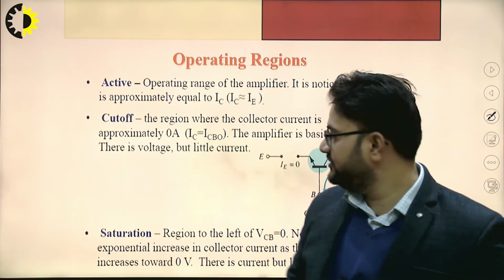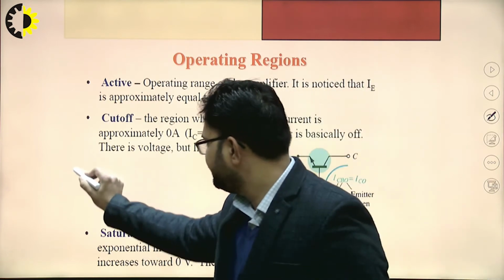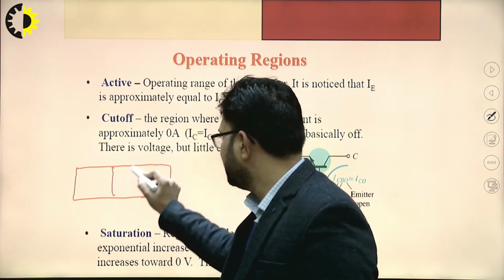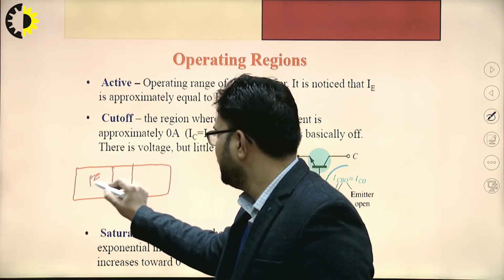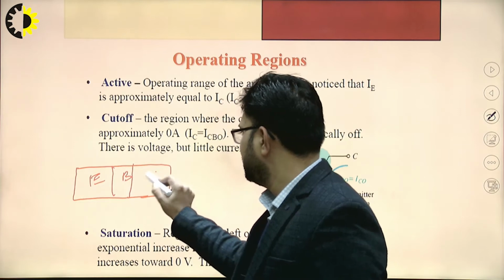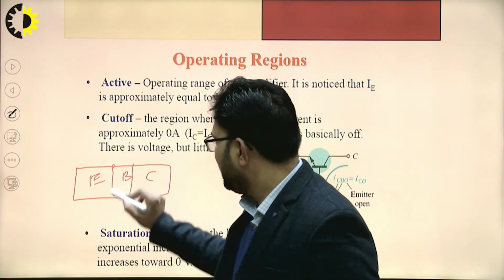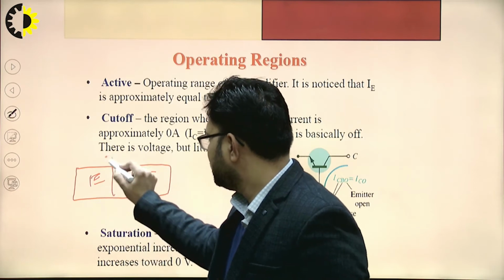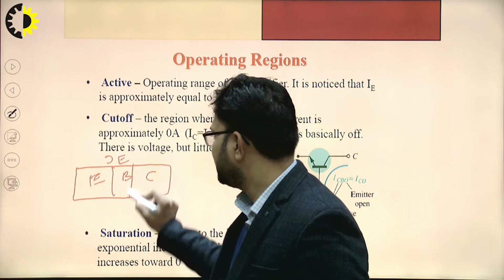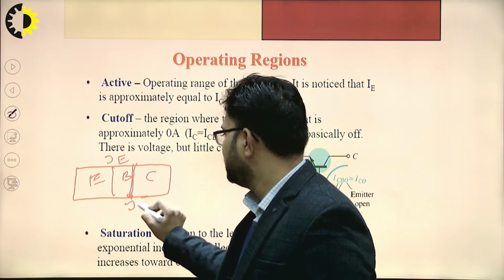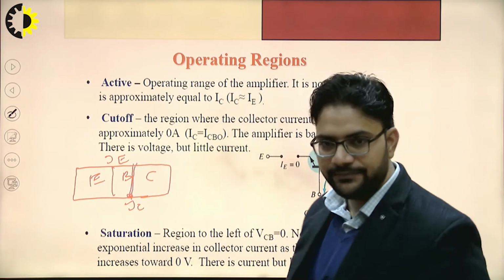If you consider a BJT, it consists of 3 different regions: emitter, base, collector. This junction is called the emitter base junction, represented as JE, and this junction is called the collector base junction, represented by JC.